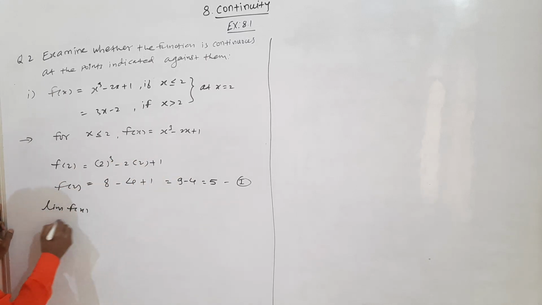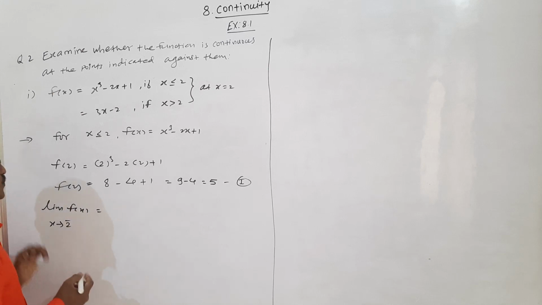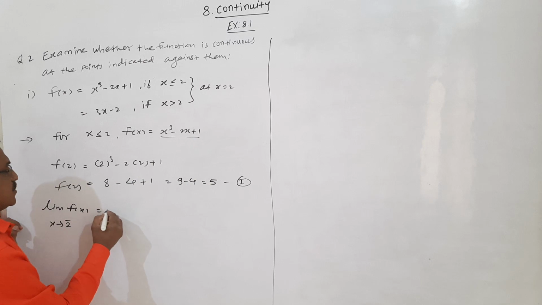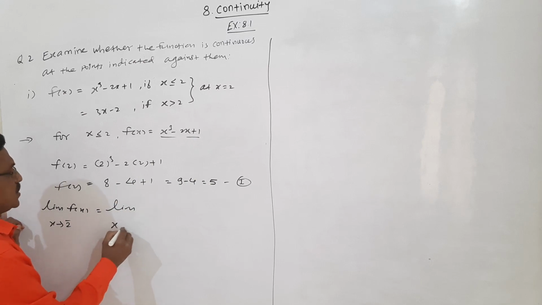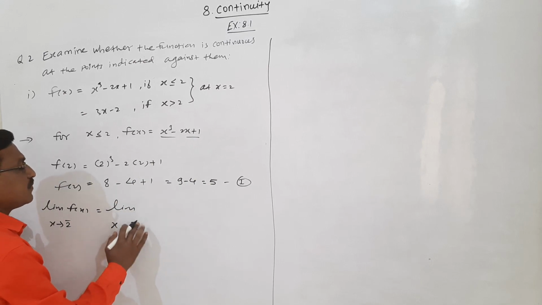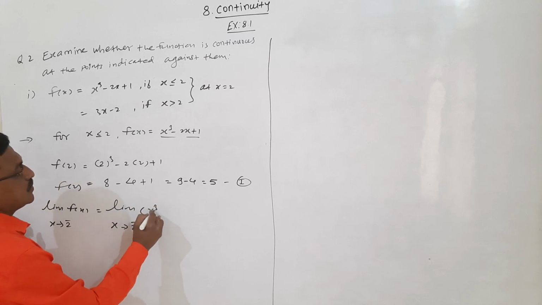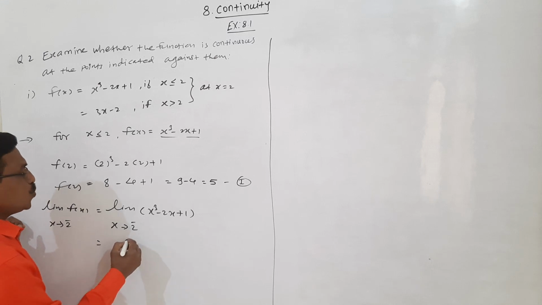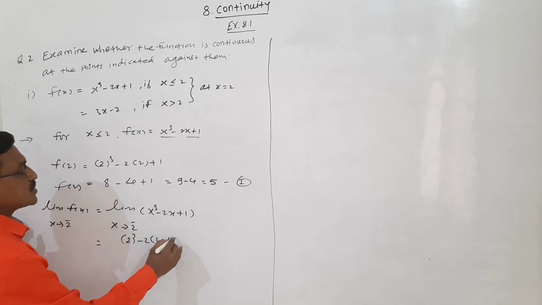Limit of function f of x as x tends to 2 minus at x equal to 2, here is equal to, apply limit as x tends to 2 minus, means it is a left hand side limit, x cube minus 2x plus 1, and so it is equal to 2 cube minus 2 into 2 plus 1.